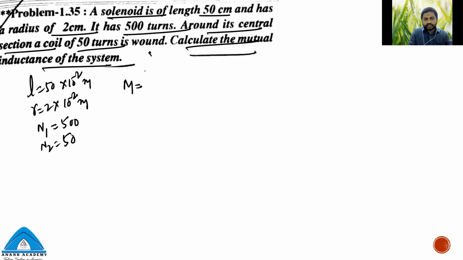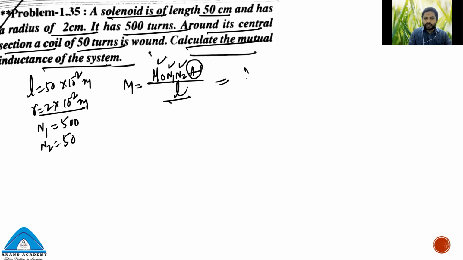The mutual induction of the solenoid is mu naught N1 N2 A divided by L. Everything you have, you can substitute. Mu naught value you know. Number of turns N1 N2 you know. Area you also know here, because R is given, so you can use pi R square. Now this is L. L is also there.